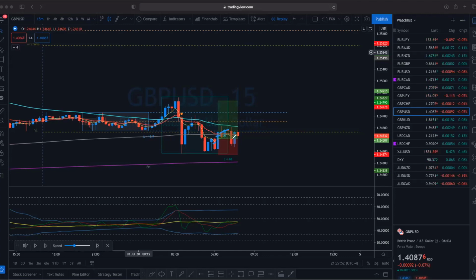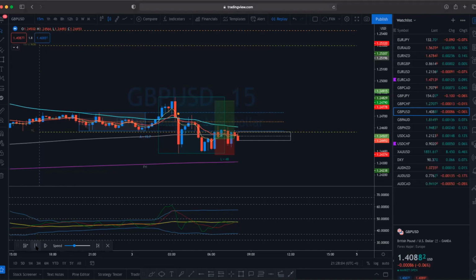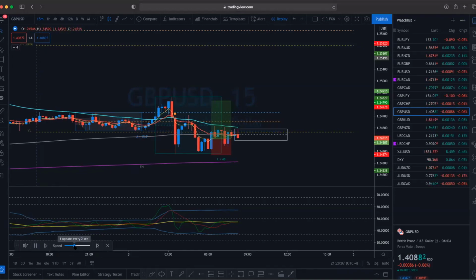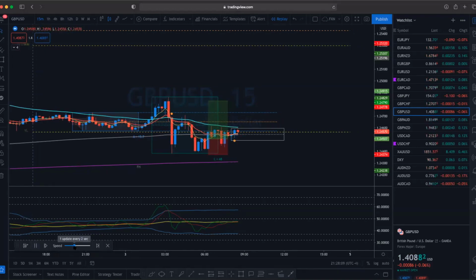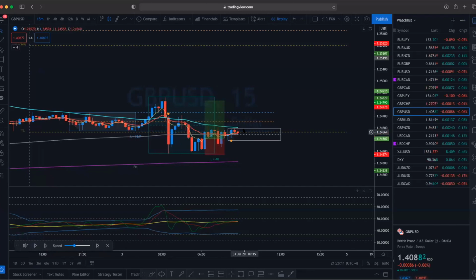All those pins to the 50 would have scared me. I think the 50 is going to block it here. I don't think it's going to go any higher. But whatever, just get out and enjoy the Friday. And if this is NFP, then you don't even want to be around for this crap anyways.